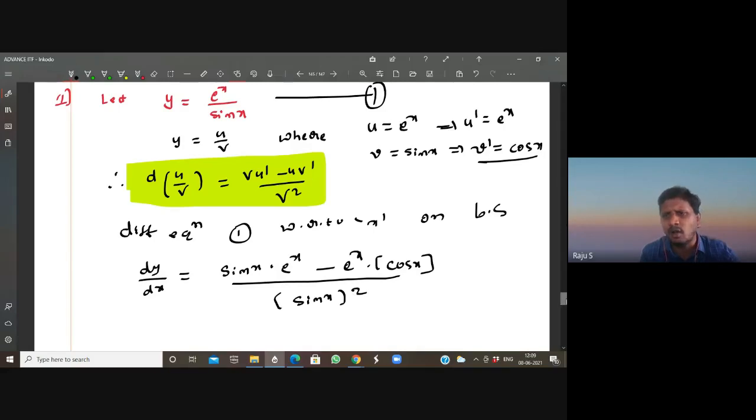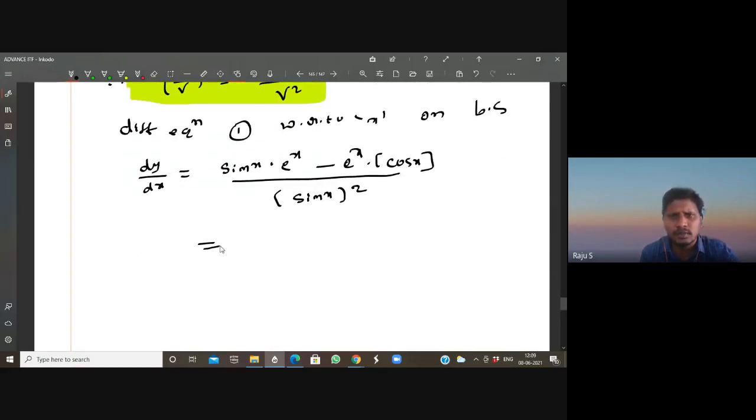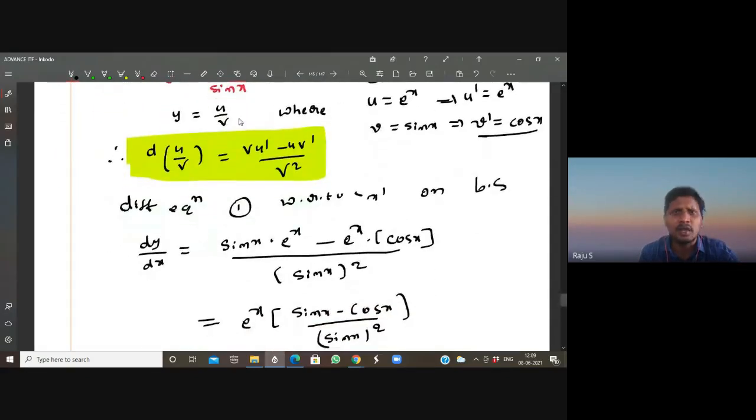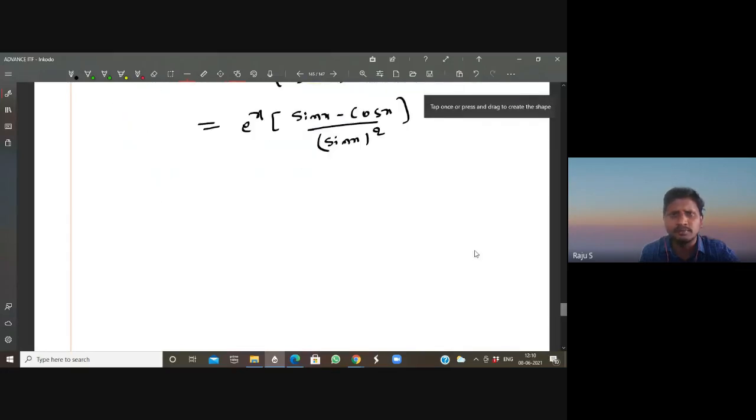Got it? Is there anything common in the numerator? e power x is common: e power x times (sin x minus cos x) all divided by sin x the whole square. This is the derivative of the given function e power x by sin x. Any doubts? We used the quotient rule, the u by v formula.